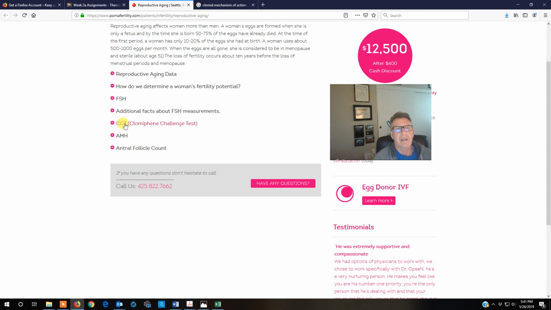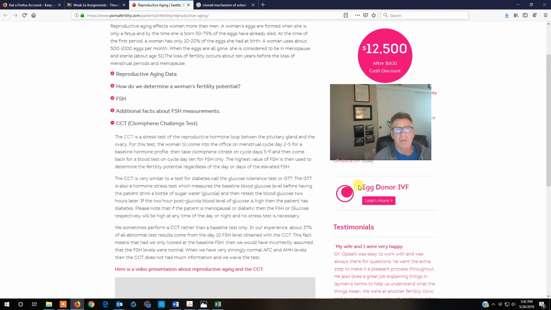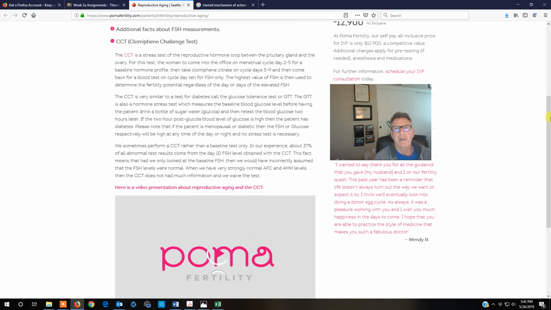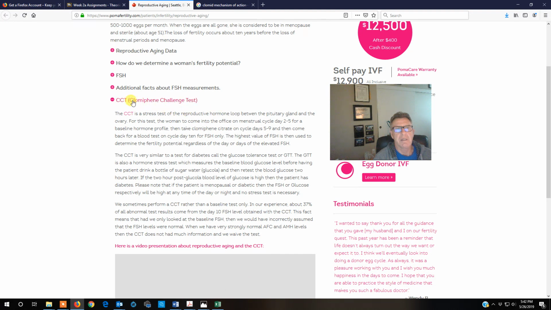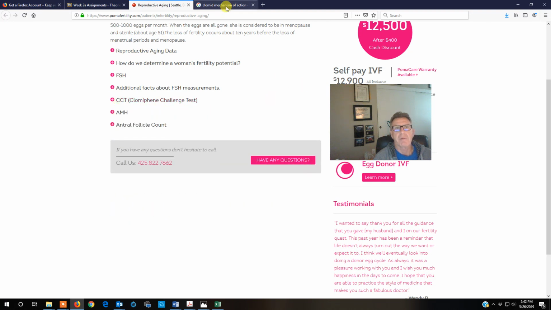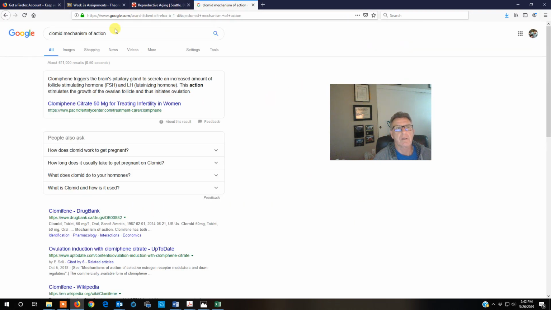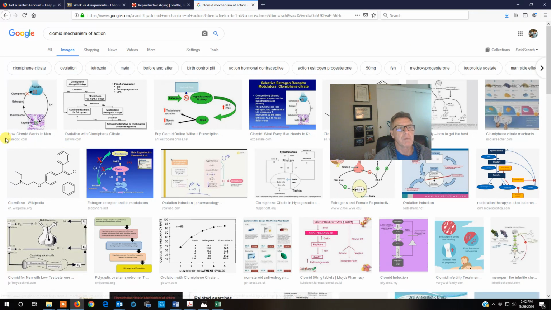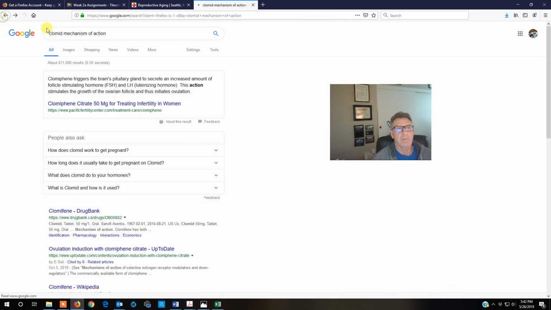Okay, and Clomiphene, which is a fertility drug, causes a significant stimulation of FSH. This tells you all about the Clomiphene challenge test. Okay. And if you look here at the Clomiphene mechanism of action, that's one way to look at it. Again, what Clomiphene does is it increases the amount of cells that are produced by the ovaries.